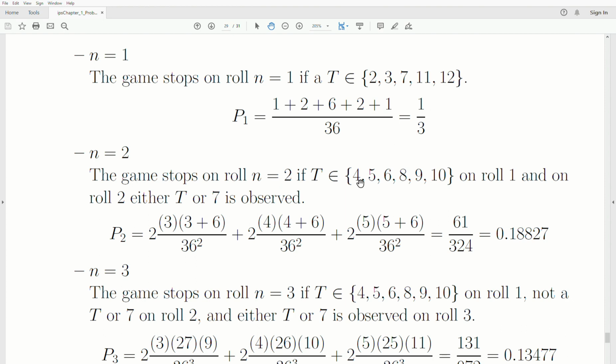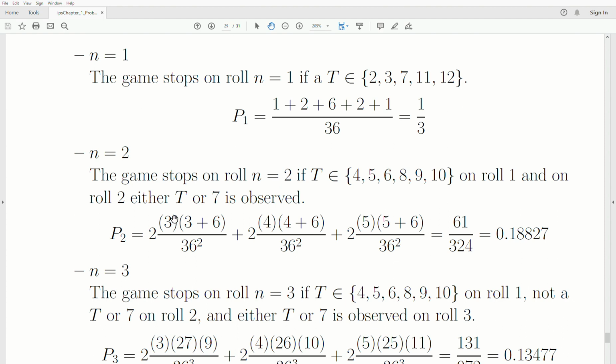And here's a note: the probabilities of 4 and 10 are the same, and 5 and 9, and 6 and 8 all have the same probabilities. So that's what this 2 out front in each of these terms is. That's because we're only going to do this for 4, 5, and 6, and then take each times 2, and then that's the same as 8, 9, 10.